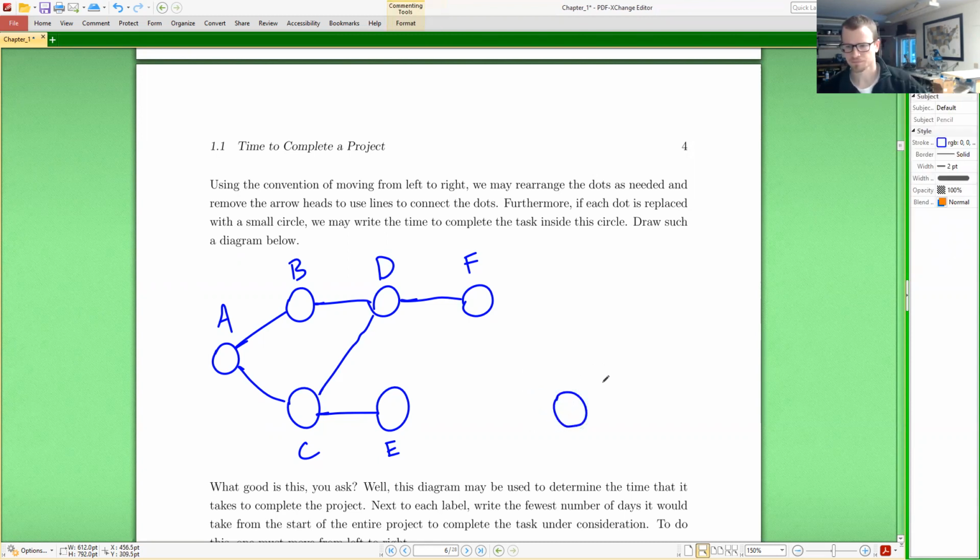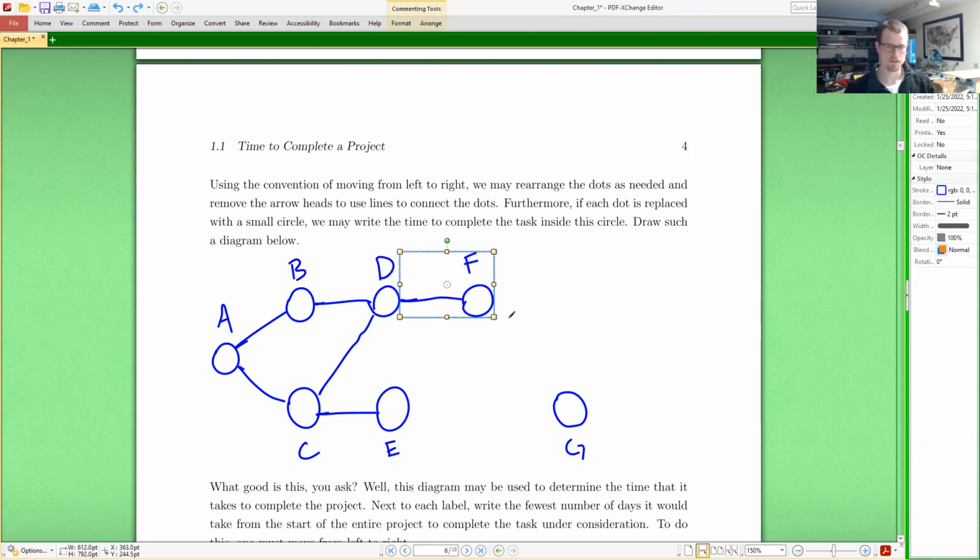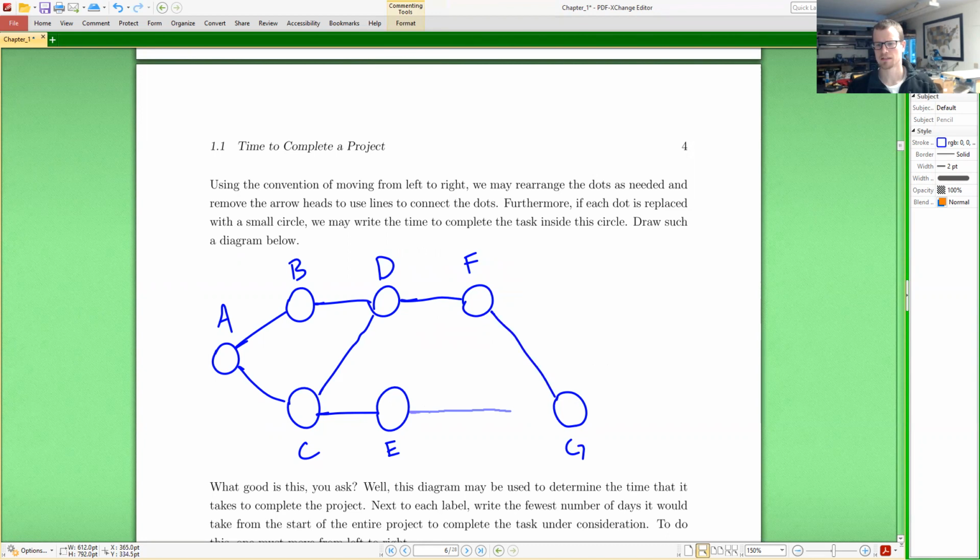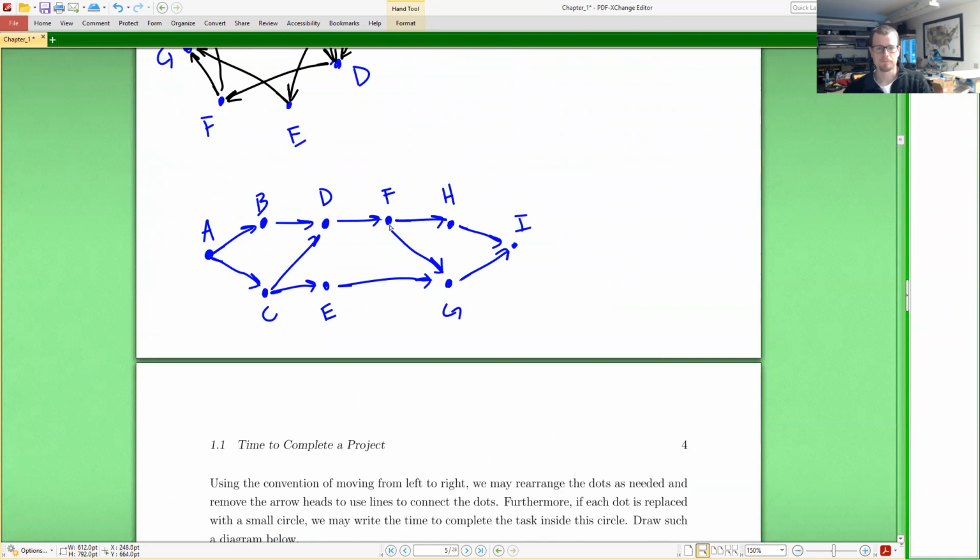Task G, which was preceded by F and E. And we had task H, which was preceded by task F. And then our final task of billing the customer, task I, is preceded by H and G. So that's just a copy of what we did right here, okay?